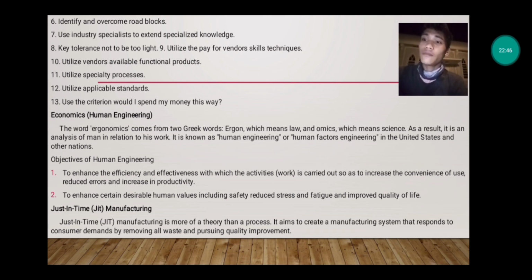Just in time, or JIT, manufacturing. Just in time manufacturing is more a theory than a process.